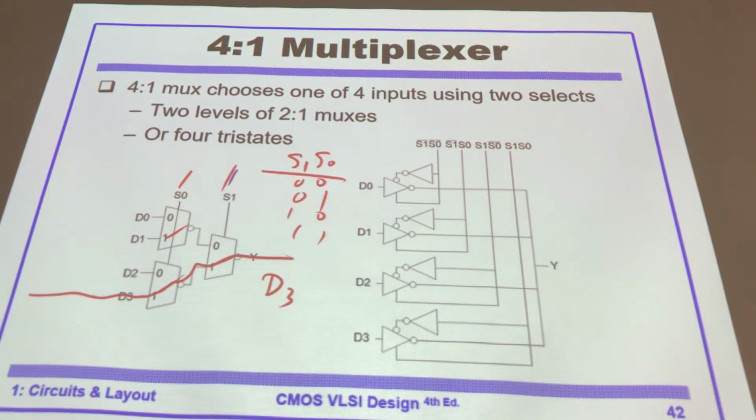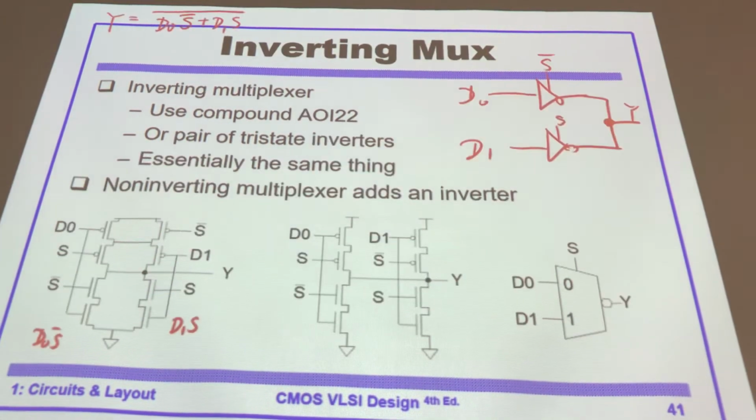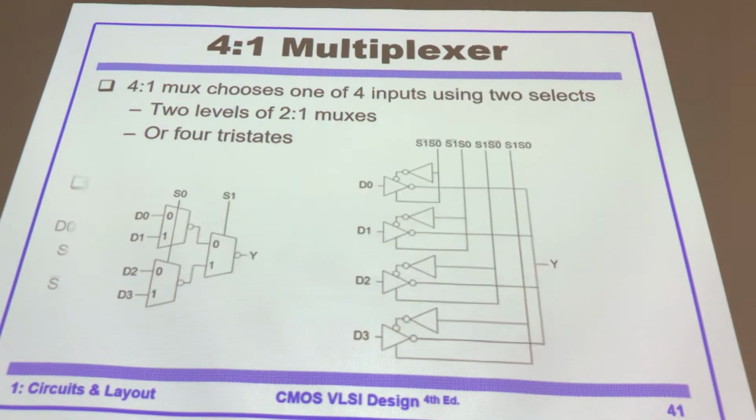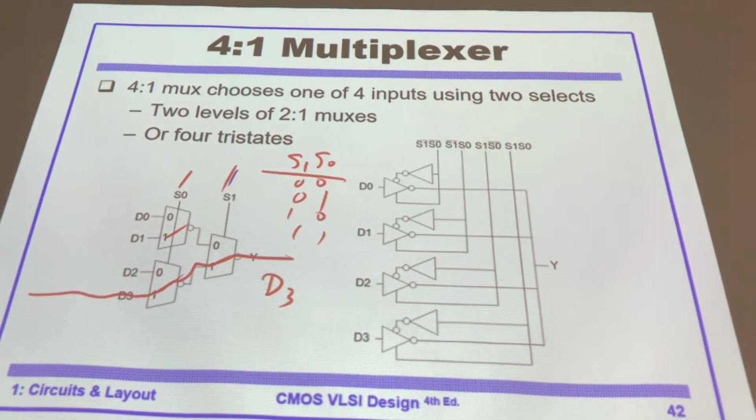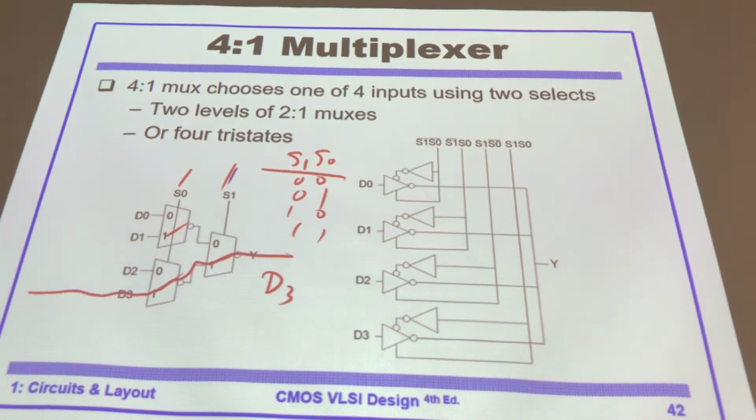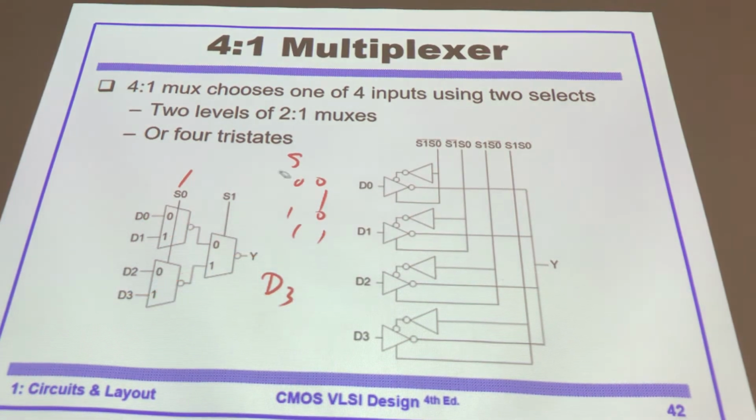So the same circuit for implementing inverting multiplexers can be applied right here, right? The 3 inverting multiplexers. And what is the circuit here? This circuit.